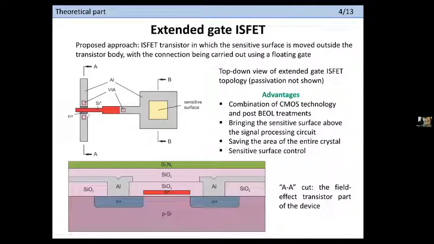Then the signal line, in which polysilicon crosses over into metal, in this case aluminum. And then the sensitive surface area itself, and it is this part that implies additional finishing operations. So let's take a look at the technological route.